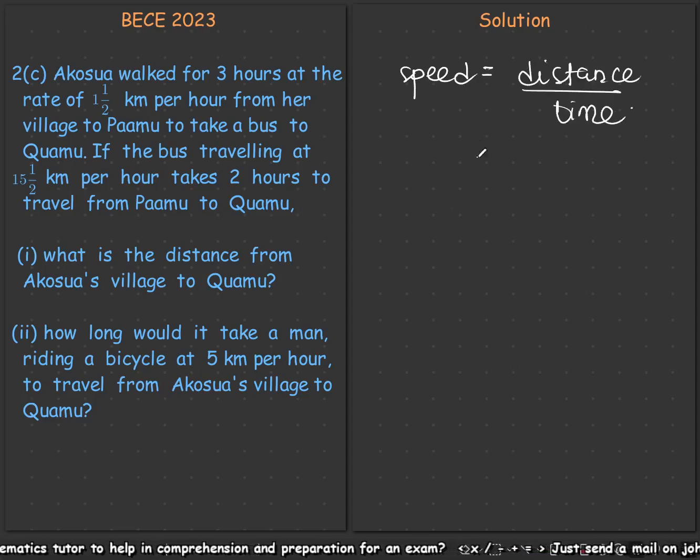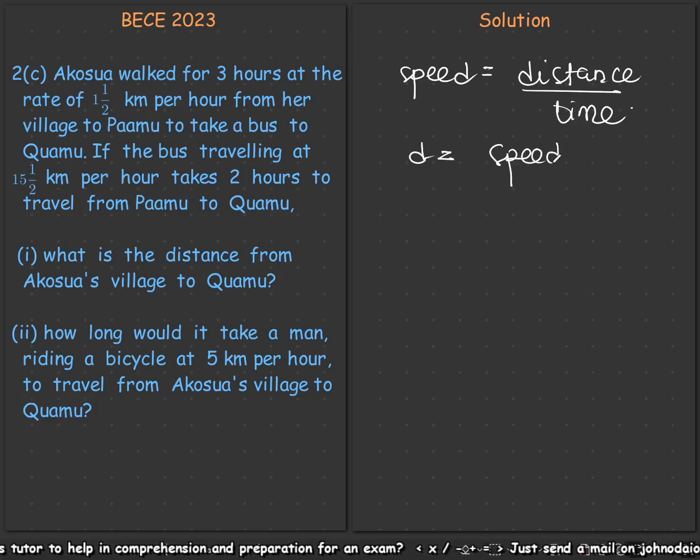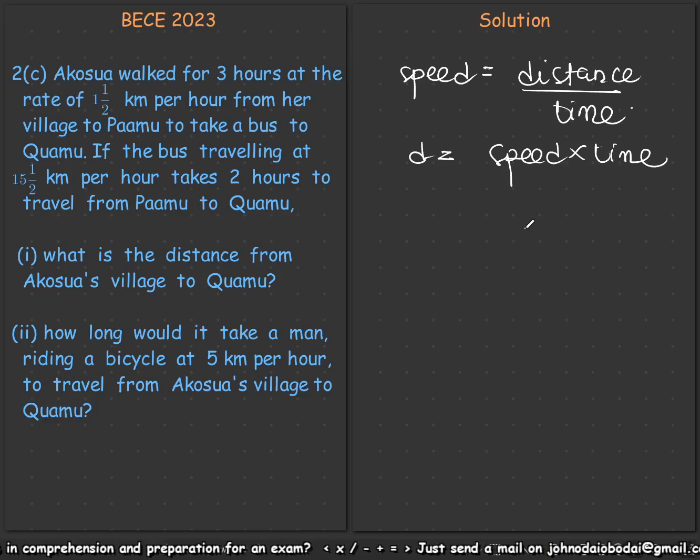And with that, making distance the subject, you're going to get distance equal to speed times time. This one here is a formula work, but I would want to take a more understanding approach so that you understand the story and know what you are solving for.